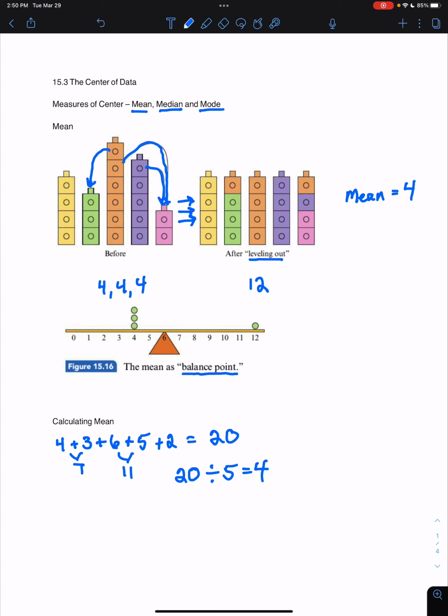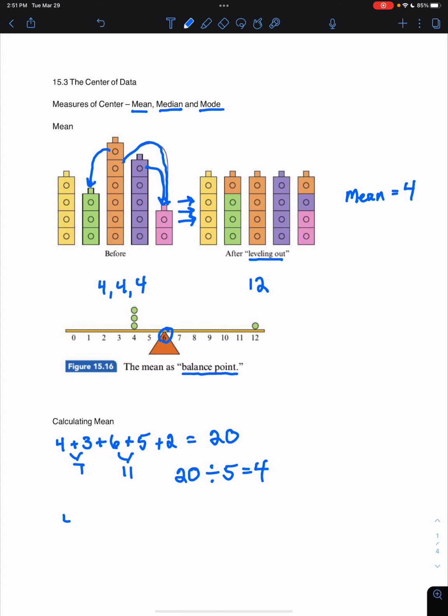If we actually had weights or something and we put them on a balance, we would find that the balancing point is the mean. So again, let's calculate the mean and see if it does indeed show up as our balance point of 6.